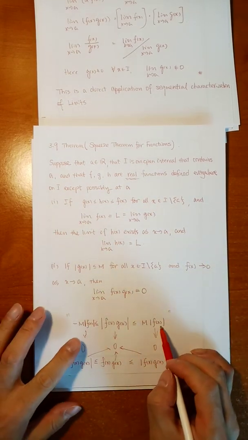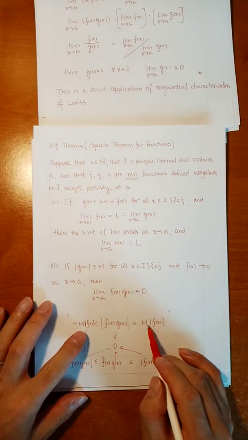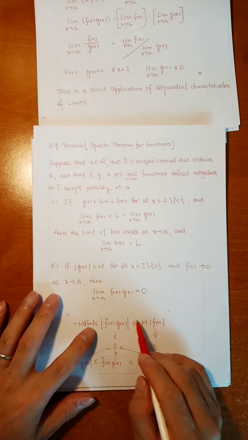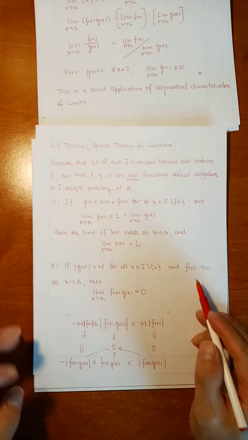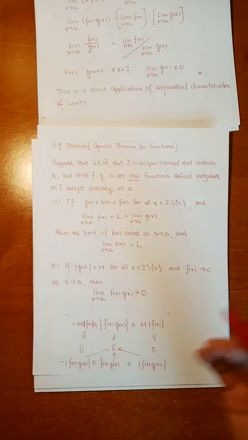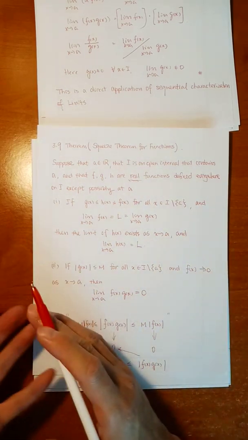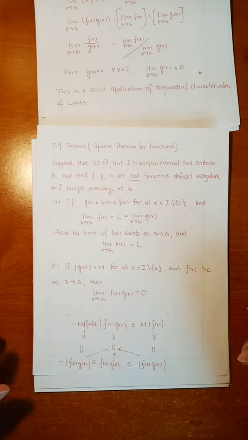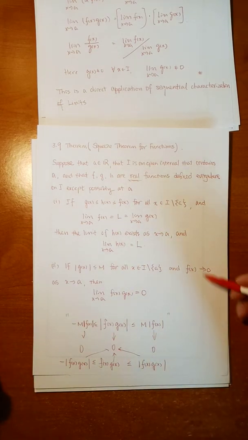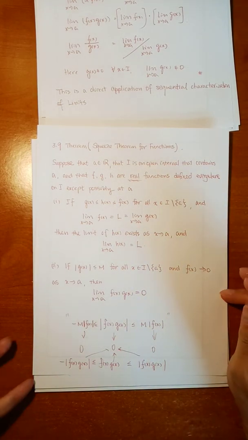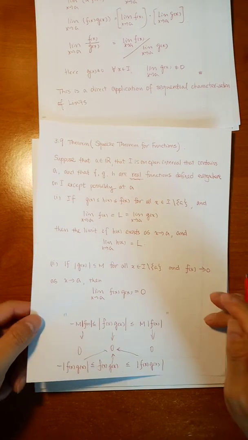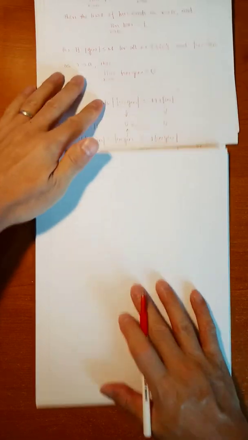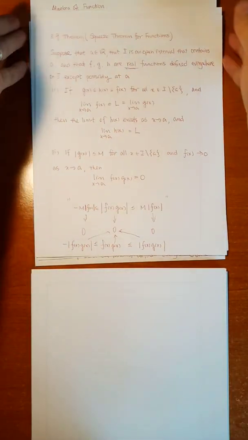And here we have to put the absolute value simply because if you do not put the absolute value, I don't know what is the direction of the inequality, because f(x) can be positive, can be negative. When multiplied by a negative number, you're going to change the direction. So it's bad, right? But anyway, with the absolute value, there's no problem. Okay, so this is the squeeze theorem 3.9.